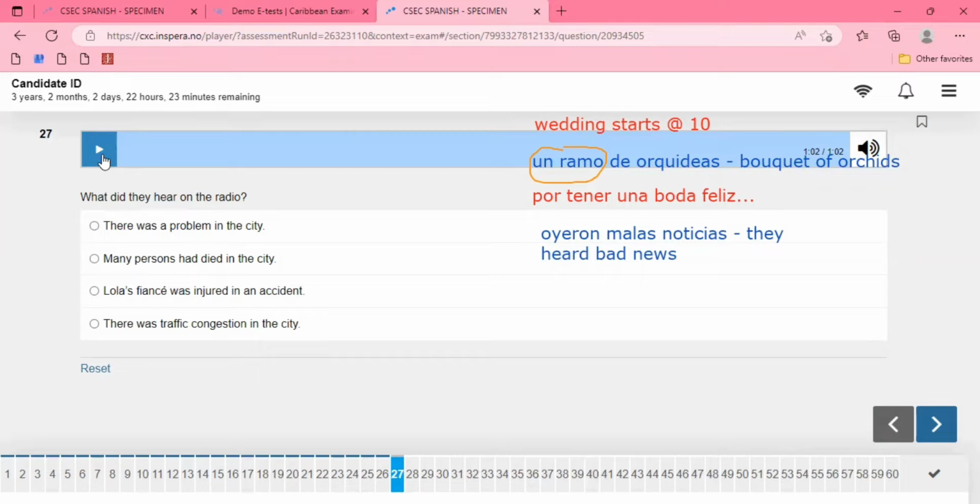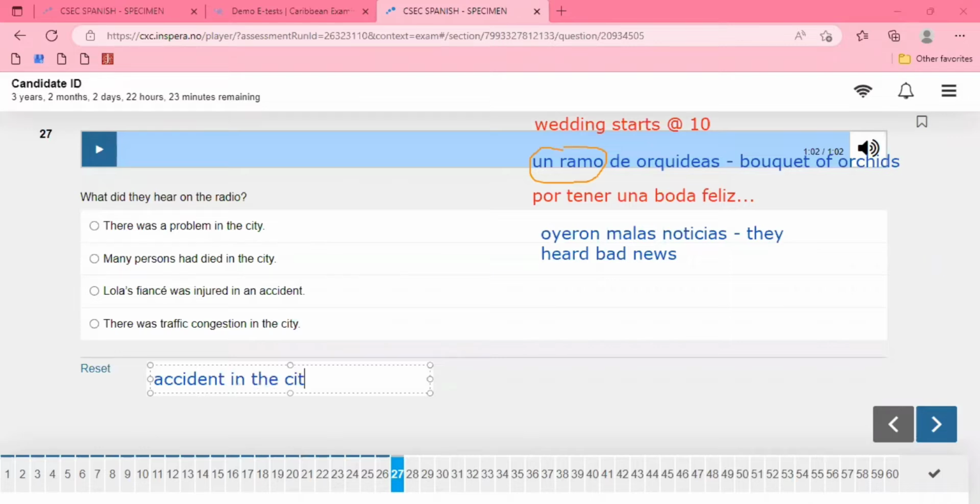All right. So what did they hear on the radio? In the first part of part B, we heard that there was an accidente in the city, right? So accident. And we heard that el novio de Lola, so Lola's fiance, was a part of the persons who would have been injured.